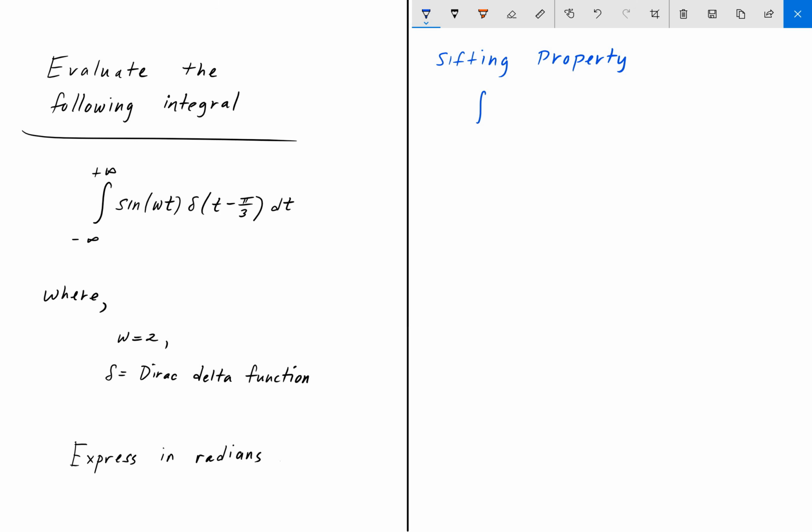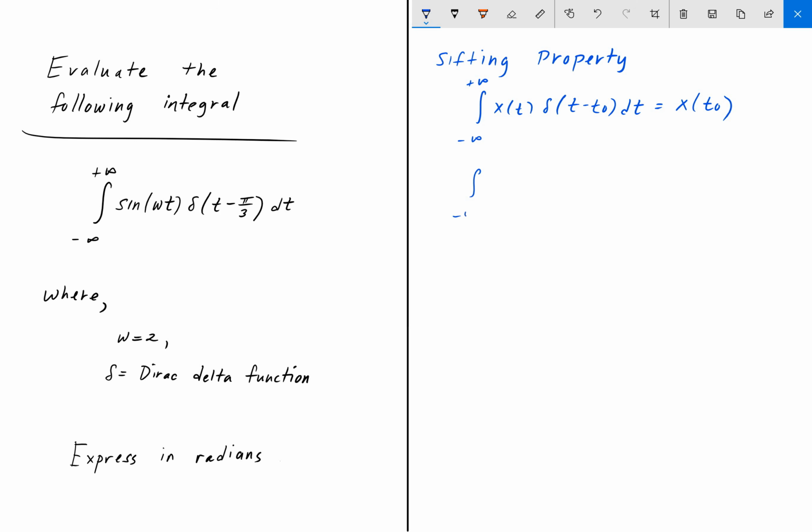And that states that the integral from negative infinity to plus infinity of some x of t, delta function t minus t0 dt is equal to x of t0. And so that's similar to this equation here. So we're just going to replace x of t with our sine omega t.